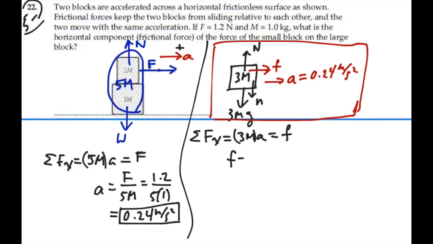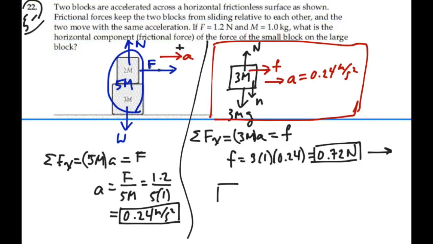So the frictional force is equal to 3 times 1 times 0.24, which is equal to 0.72 newtons, and it is to the right. So the force of the small block on the large block is 0.72 newtons to the right. The force of the large block on the small block should be equal and opposite.